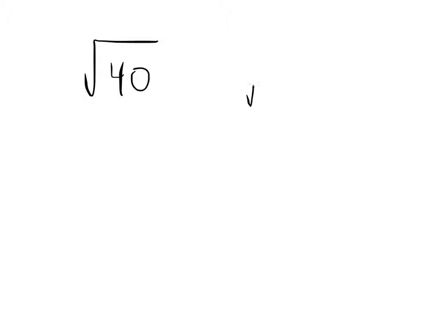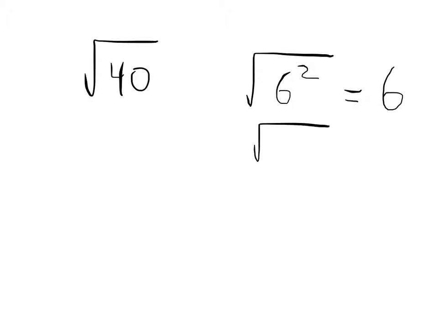What I'm looking to do is to take advantage of the fact that the square root of 6 squared is positive 6, or the square root of 11 squared is positive 11. I also need to keep track of my rule that the square root of a times b, where a and b are both negative numbers or a and b are both positive numbers, because I have to have a positive number under the square root.